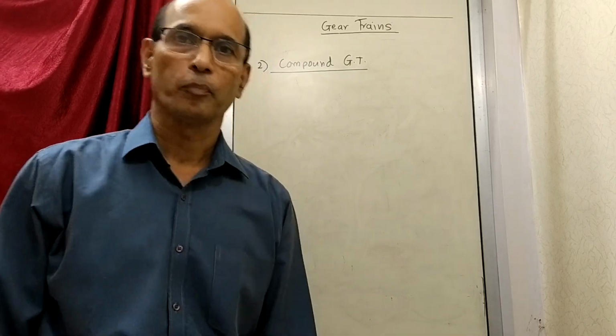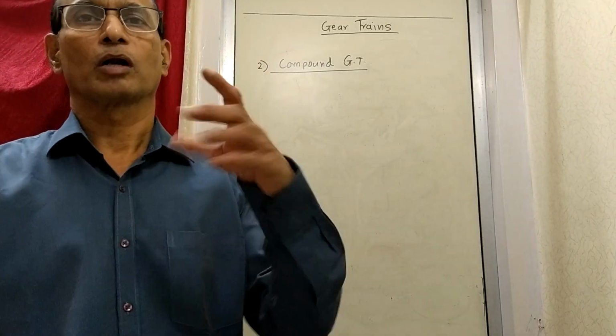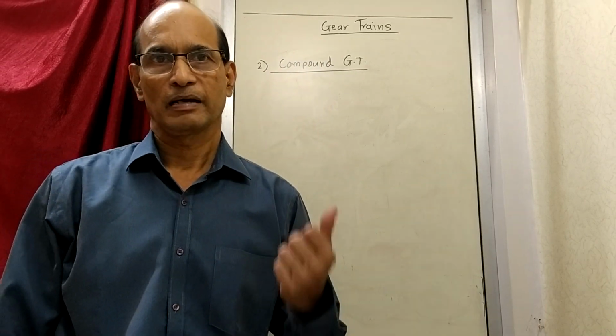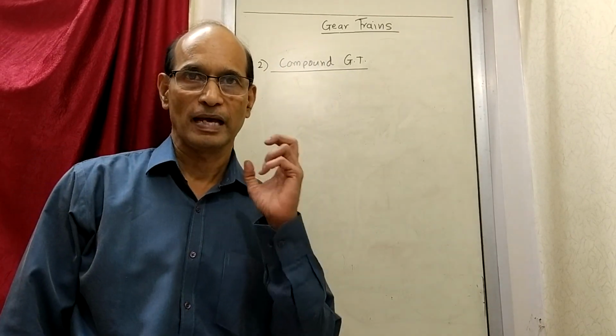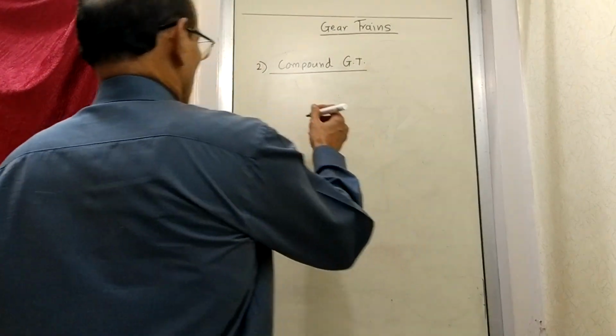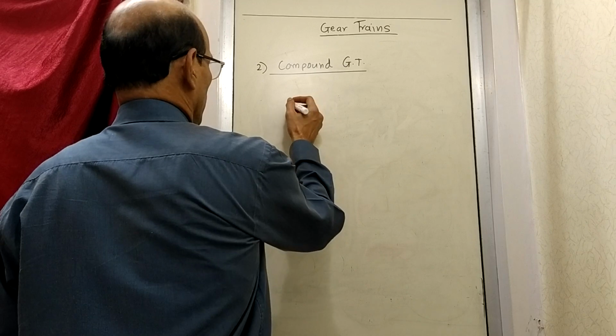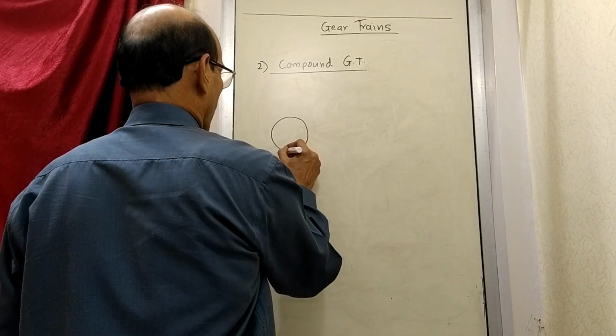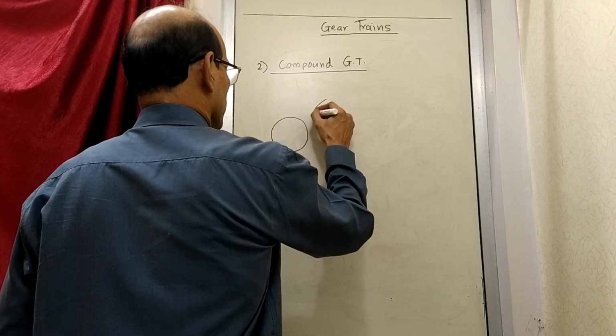That means in the case of a compound gear train, you will find two or more gears having the same axis. They are having a common axis. They are combined together, their axis is the same. Now see how this is done. Let us draw a gear like this. Another gear is here.